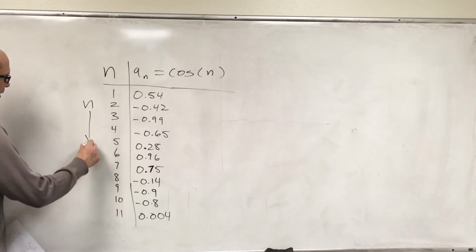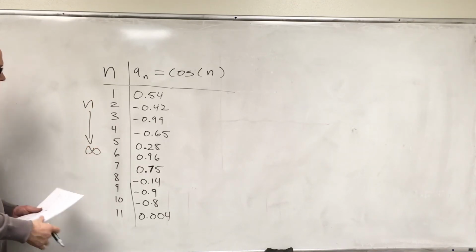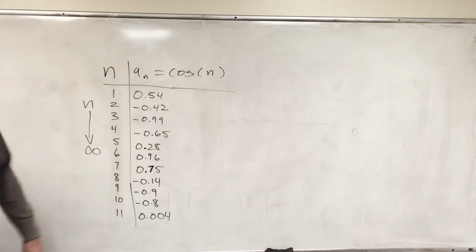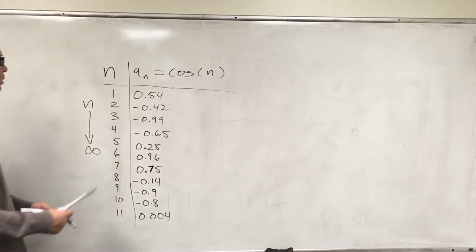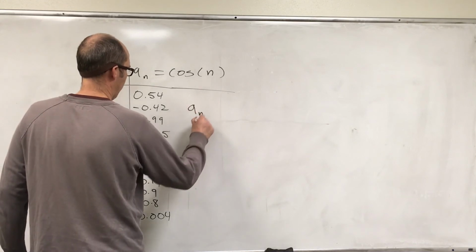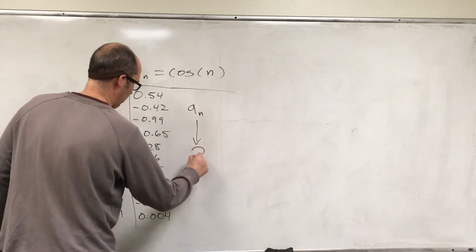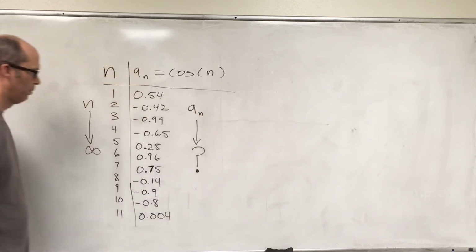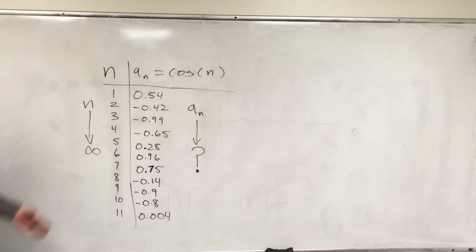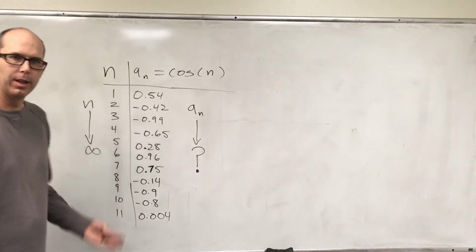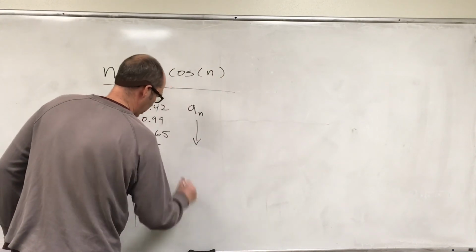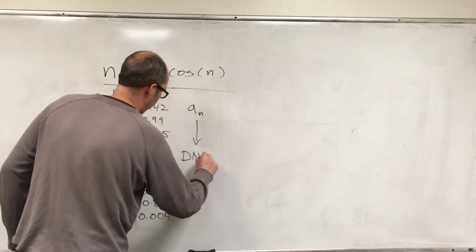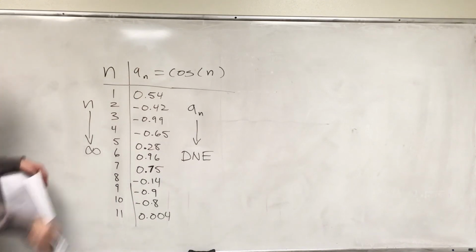As n gets big, an doesn't really go anywhere, right? Sometimes it's negative, sometimes it's positive. So in this case, there is no limit. The limit does not exist. It bounces around.